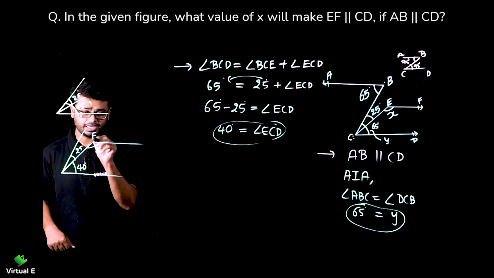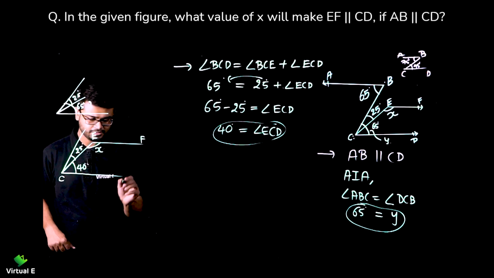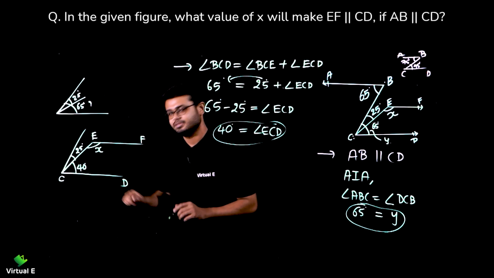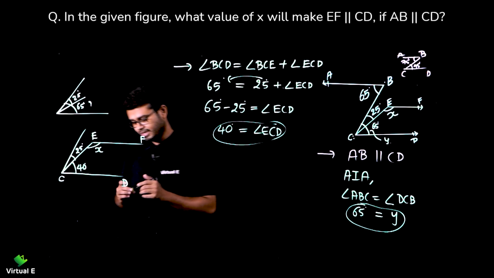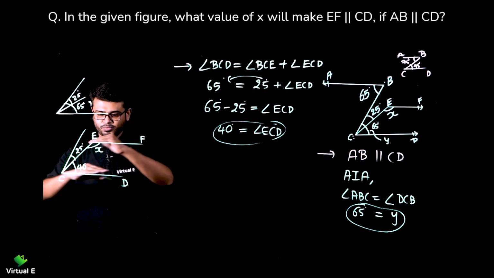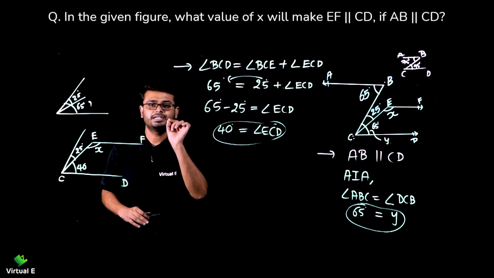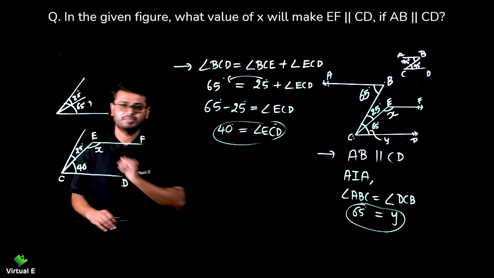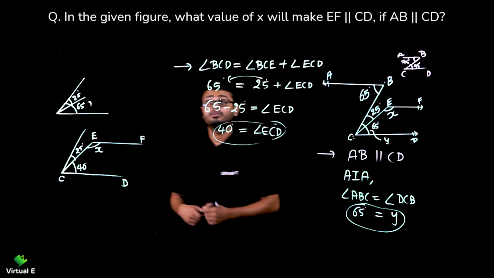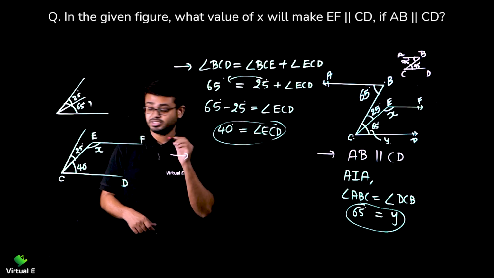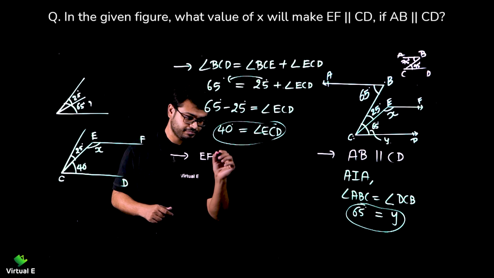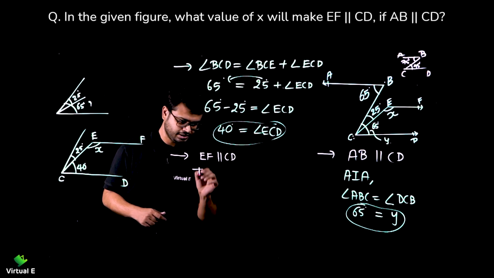Now we want that EF should be parallel to CD. Let's suppose they are already parallel. Then first of all, these two angles are between the two lines, meaning interior angles, and they are also on the same side, so they are IASS. So we can write interior angles on the same side, for lines EF parallel CD.